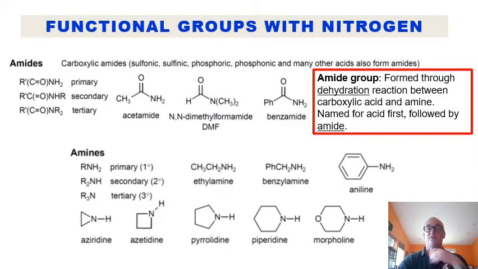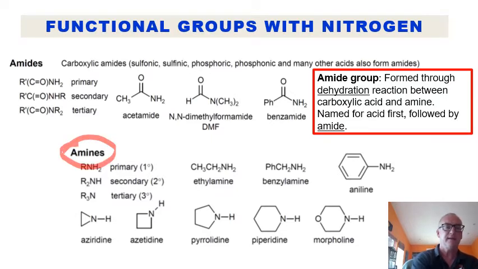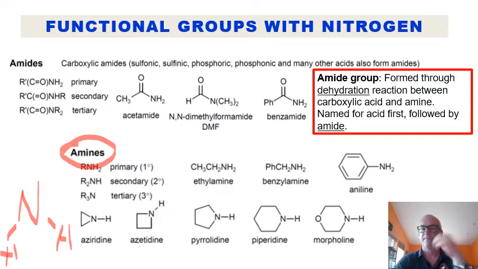So of the functional groups with nitrogen, there's two basic ones. There's amines, and we're probably familiar with amines. Amines just mean nitrogen bound to hydrogens, and in this instance, bound to hydrogens and a carbon. So a primary amine would be a nitrogen attached to a carbon and then with two hydrogens.